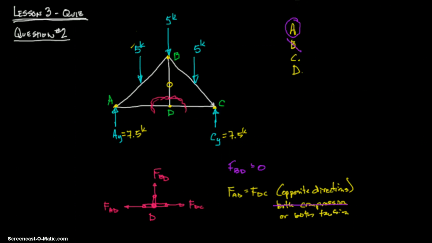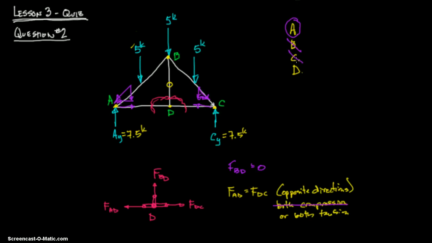And if you think about it, this will be in compression, therefore you're going to have something coming in, and it's going to have this type of components, and therefore that's going to introduce an X component to this A joint, and therefore you're going to have something coming, a tension force in that AD to counteract it, and therefore you're going to have the same thing over here, since we said they're equal and opposite, and really the same thing's going to happen right here. This is going to be in compression. So hopefully you see that. Anyways, that's the incorrect answer.